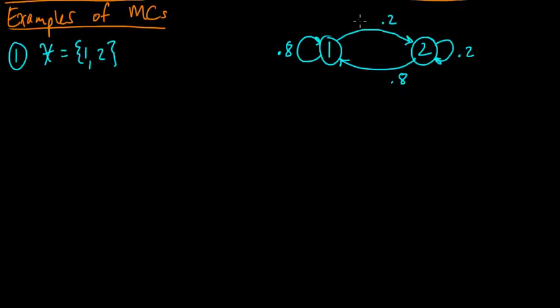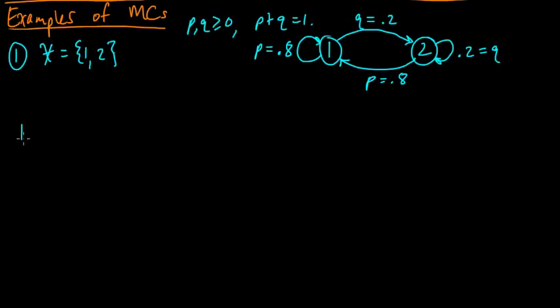To make it slightly more general, let's call this Q and this P. And so this turns out to also be Q. These are not always going to be equal, but in this case they are. And this is P. So in general, we could have any P and Q that are non-negative and sum to 1 on this simple little diagram.